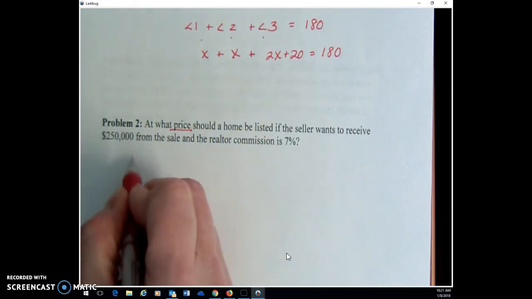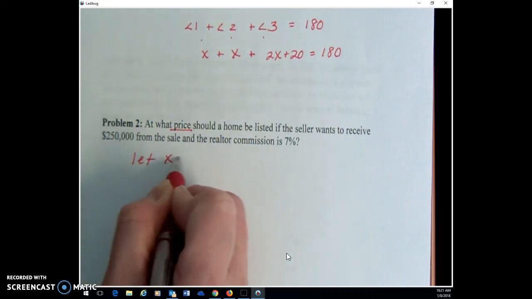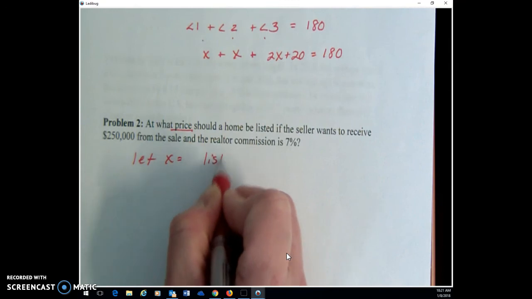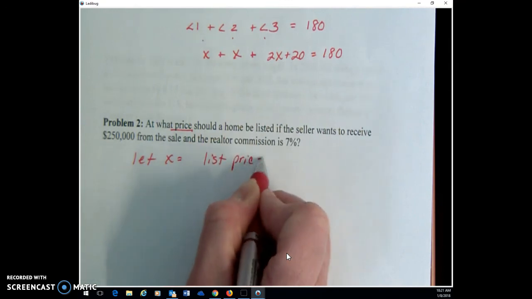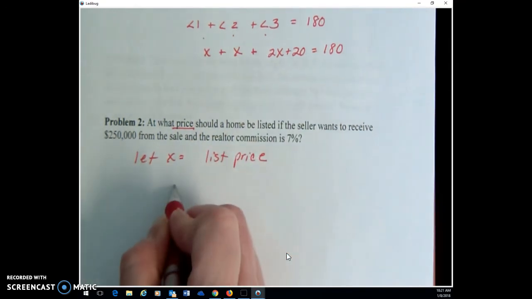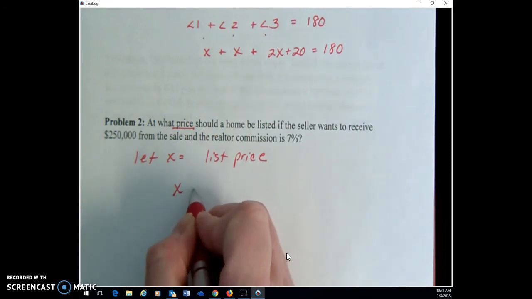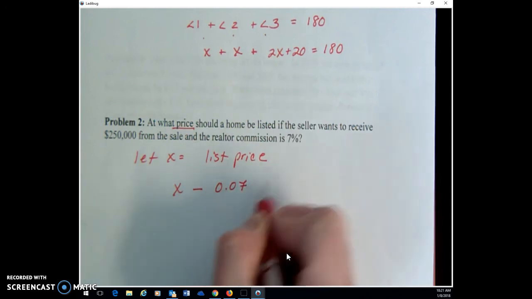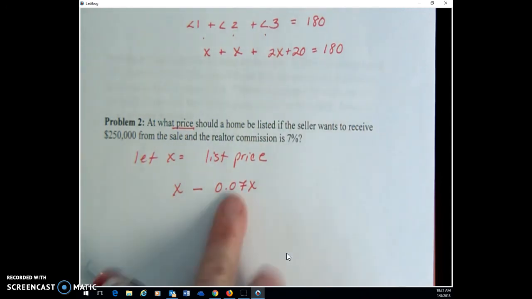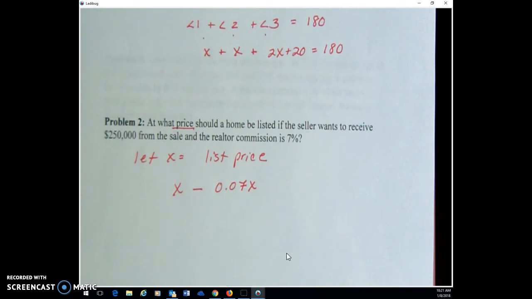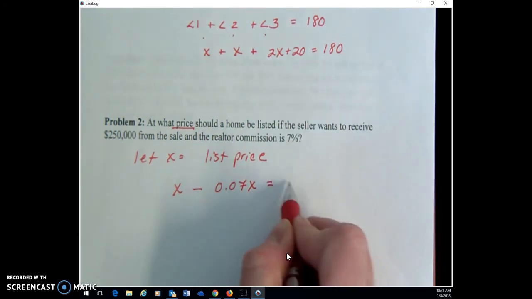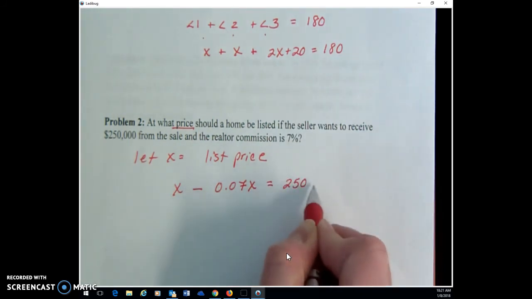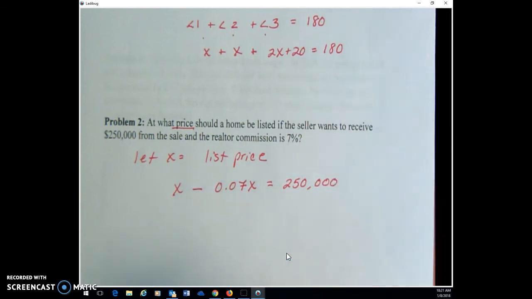So that's our unknown. So we're going to let x equal list price. And then we would have x, the list price, minus the commission, and the commission is 0.07x, 7% of the list price. That all equals $250,000. And I think from there you can go ahead and solve.